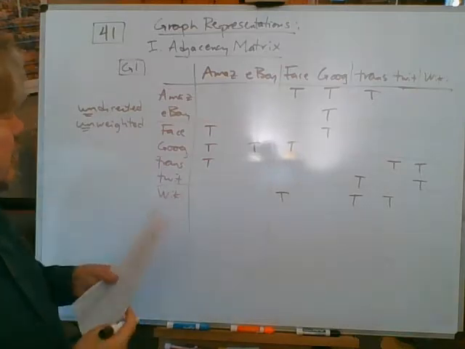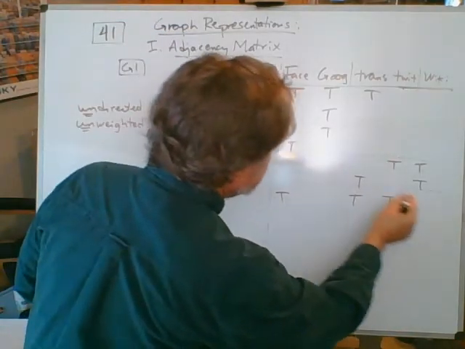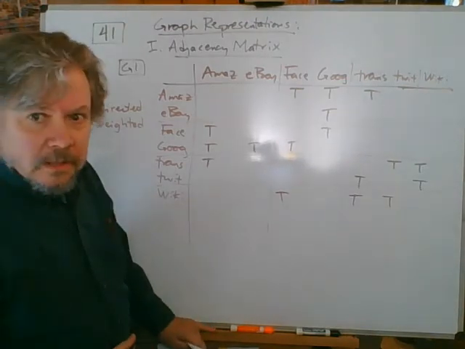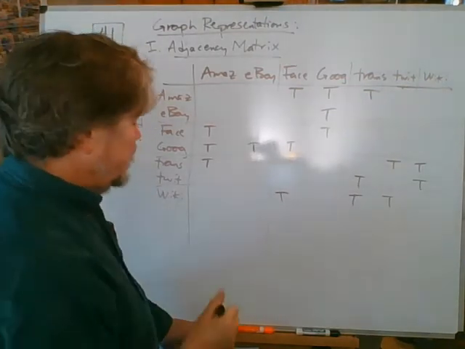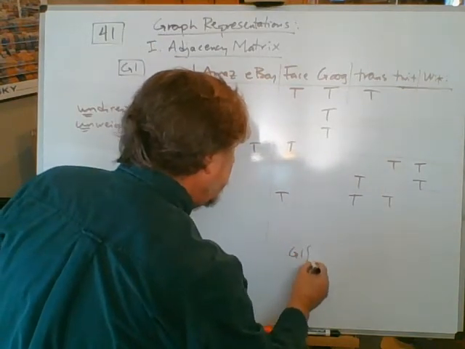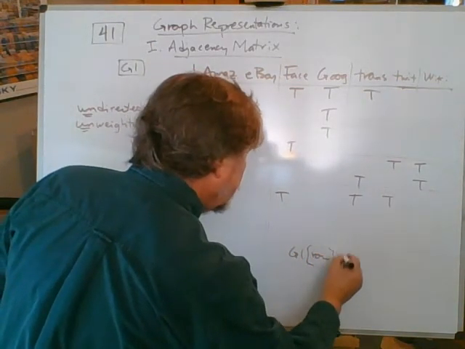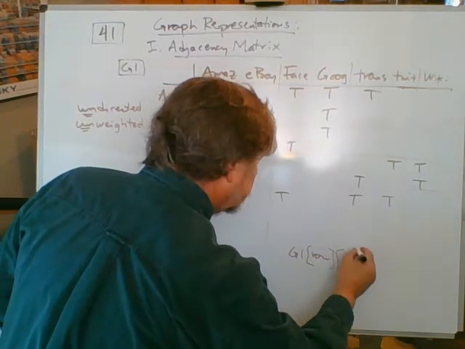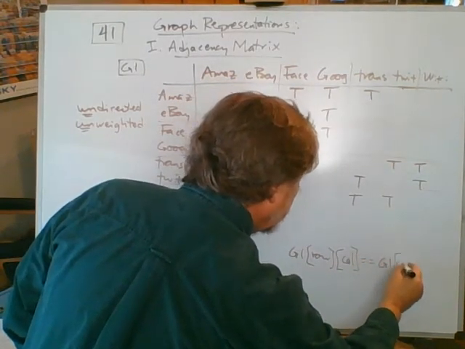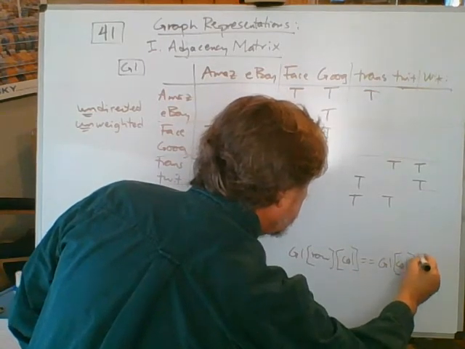Another thing to notice, if I drew a dotted line here, this matrix is what we in the biz would call symmetric. In other words, let's call this the G1 matrix. G1 row column entry will always be equal to G1 column row entry.